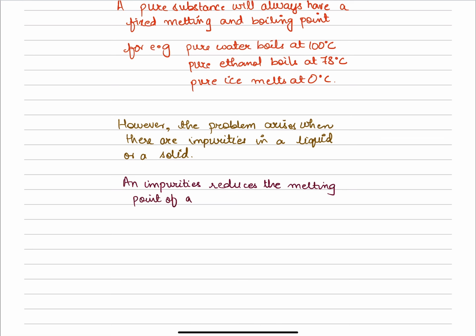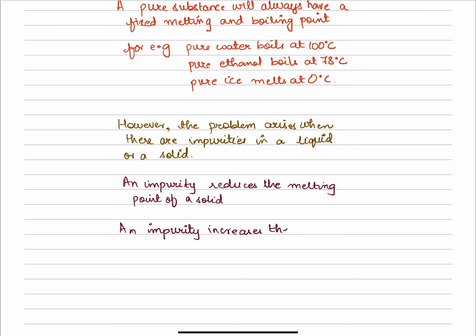So say for example, if pure ice was melting at 0 degrees Celsius, the ice which contains impurities would melt at a temperature less than 0 degrees Celsius because the impurities reduce the melting point. And similarly, an impurity increases the boiling point of a liquid.